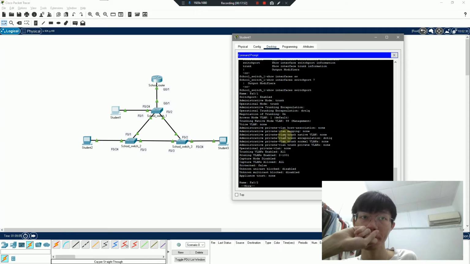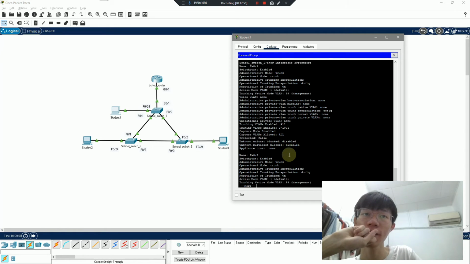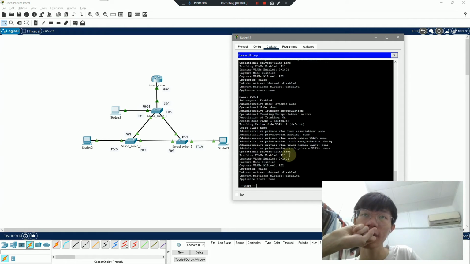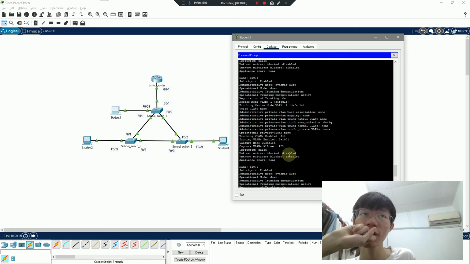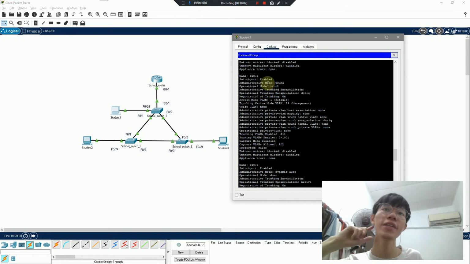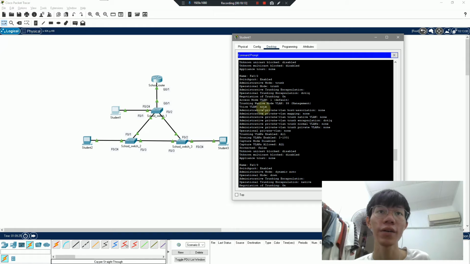So this is for the interface FastEthernet 0/1. So the next is 0/2. Okay, so the 0/2 is also enabled and also in the trunking mode, and access mode is default, and the trunking native mode is VLAN 99.